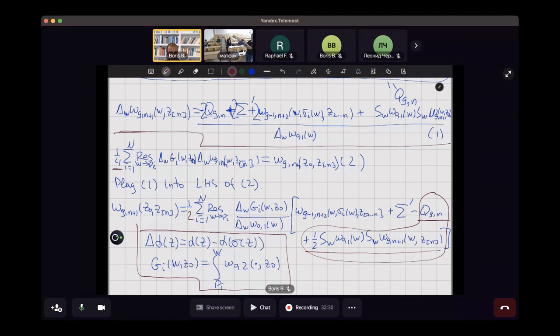And the second point is that the denominator, delta W omega 0,1, has a double zero, but not a higher one, at W equal to P1, pi. Why?